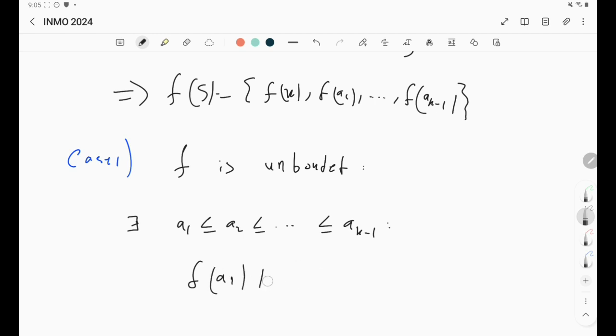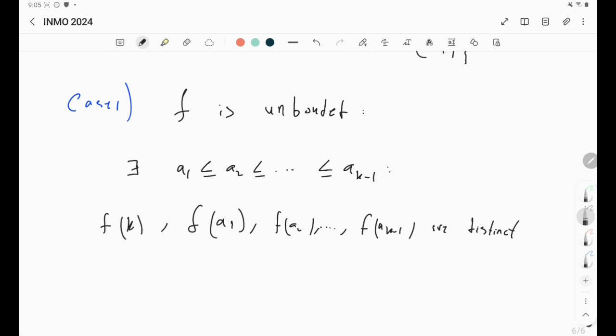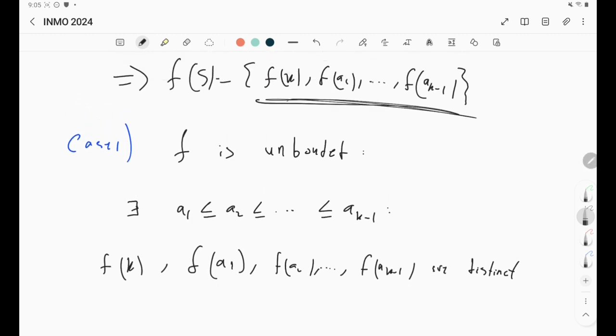They're all distinct, basically. In fact, we can even say they are also distinct from f of k. Very good. If all of these are distinct, then we now know how many elements are in this set. It is actually k. So k must belong here.